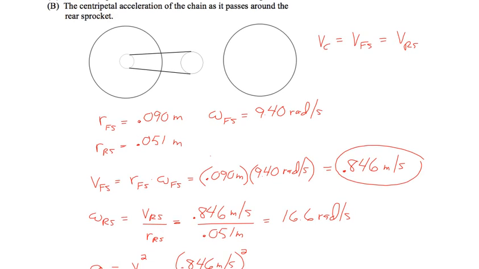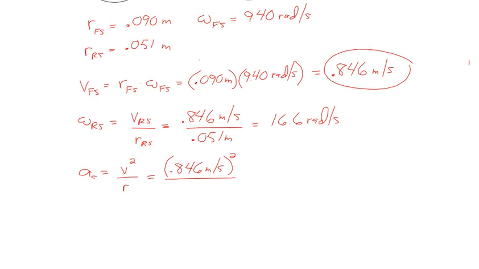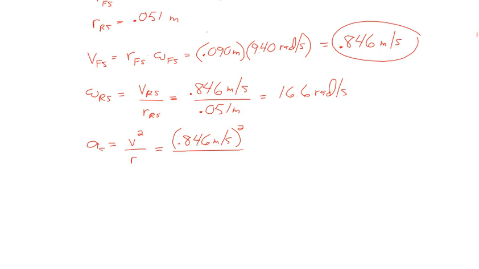What do I want to divide it by? The radius of the rear sprocket, since it's the centripetal acceleration of the chain as it passes around the rear sprocket. So that's going to be 0.051 meters.